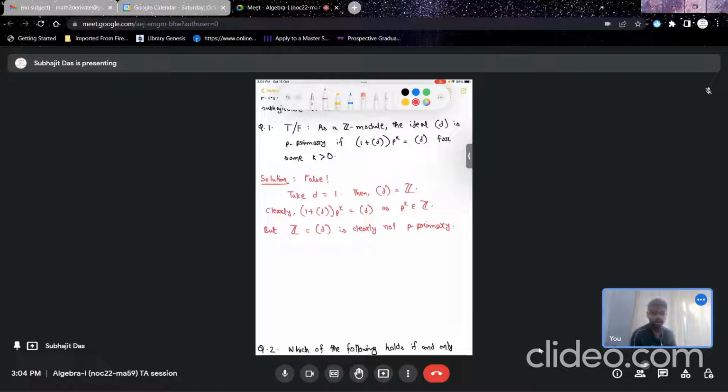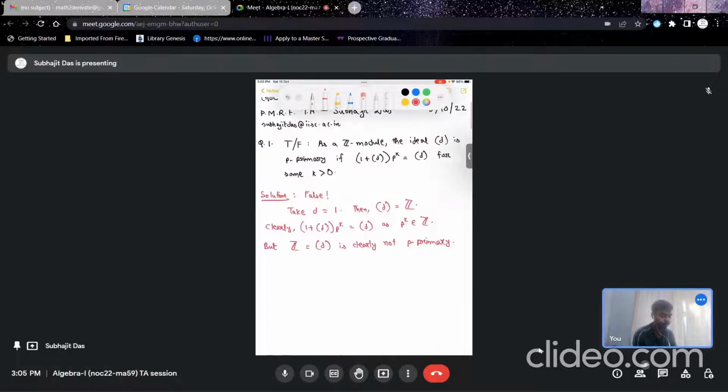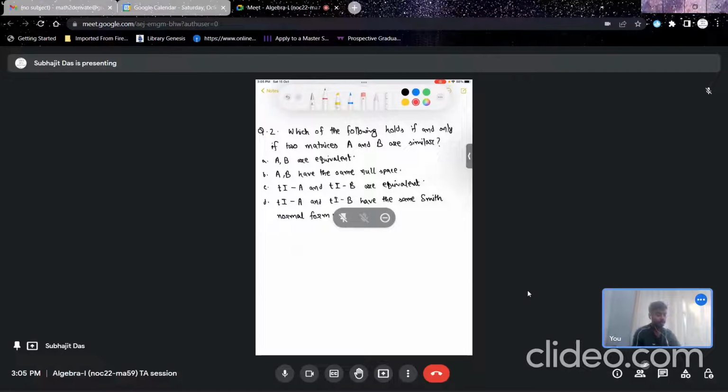Then the P primary part of M was basically the set of all elements of M which are annihilated by some positive power of P. And the module itself is called P primary if it is equal to its own P primary part, that is, if every element of the module is annihilated by some positive power of P. Clearly Z is not P primary for any prime P. So this is certainly false. There is nothing more to this problem. It's very easy. Anyway, let's move on to the next question.